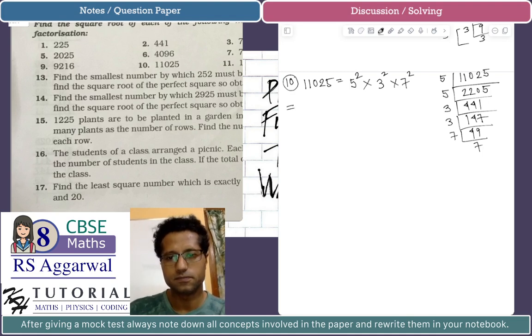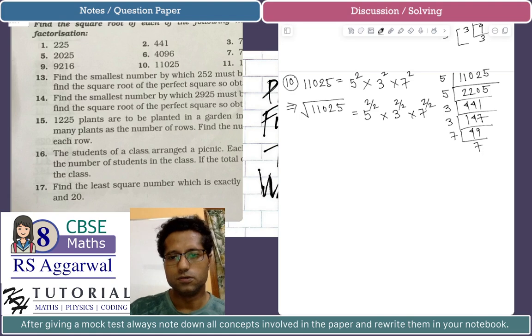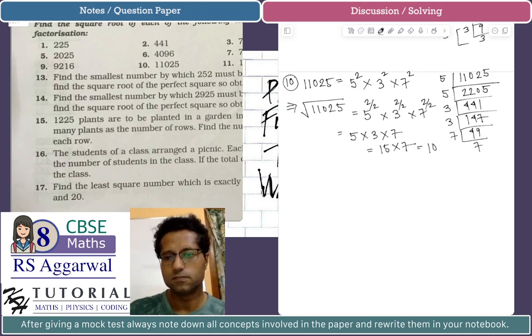So this implies the square root of 11025 will be equal to, I will divide all the powers of the prime factors by 2. So this becomes 5 multiplied by 3 multiplied by 7. This is equal to 15 multiplied by 7, which is equal to 105.